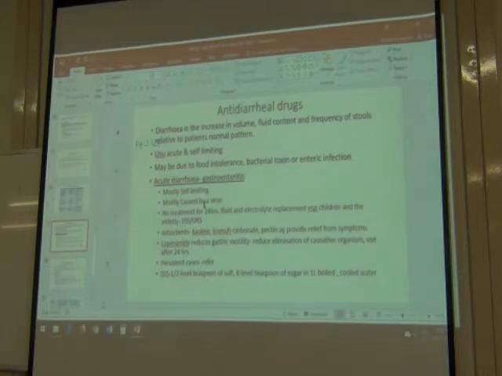Okay, so after looking at constipation, the next condition we want to look at is diarrhea. Unlike constipation, which is reduced stooling, diarrhea is when there is an increase of stooling, relative to the person's normal.